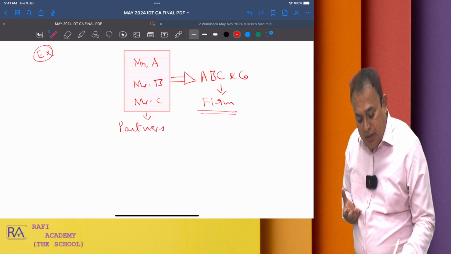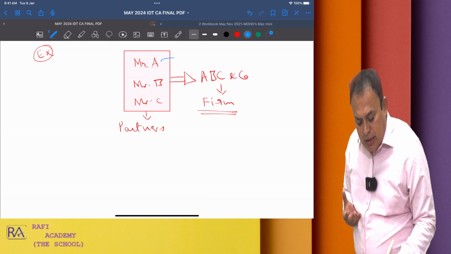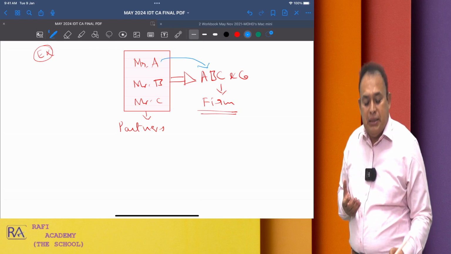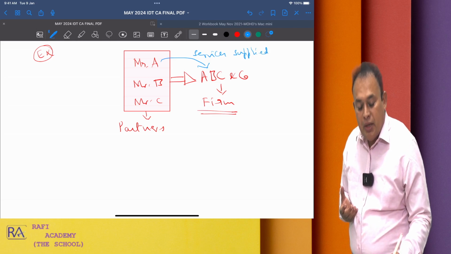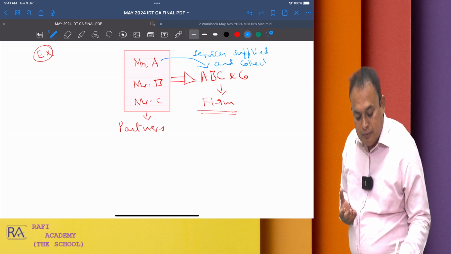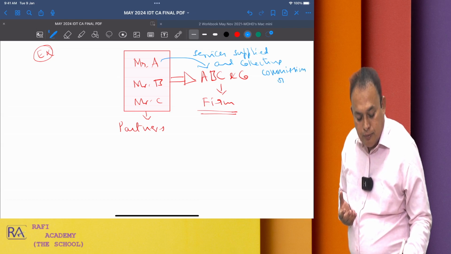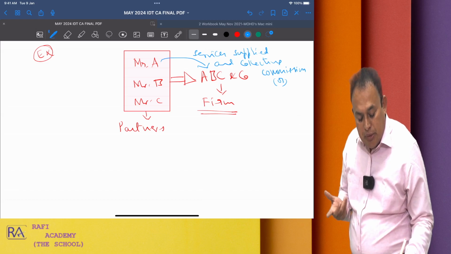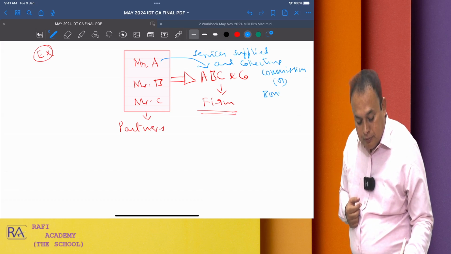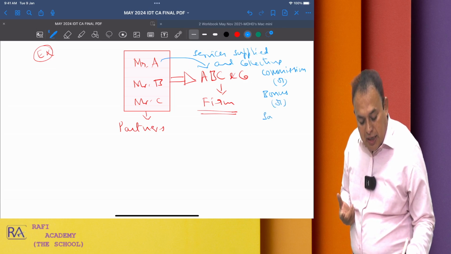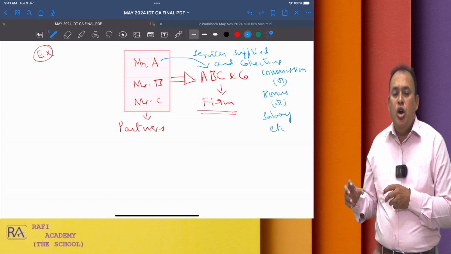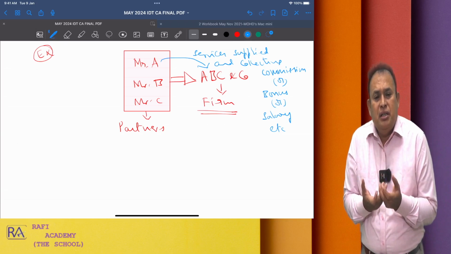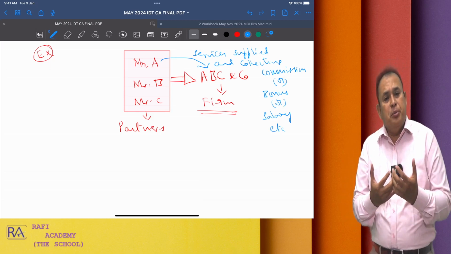Here, if A supplied services and is collecting commission or bonus or salary, etc., so a partner of a partnership firm is charging commission, bonus, salary, etc. from the partnership firm.